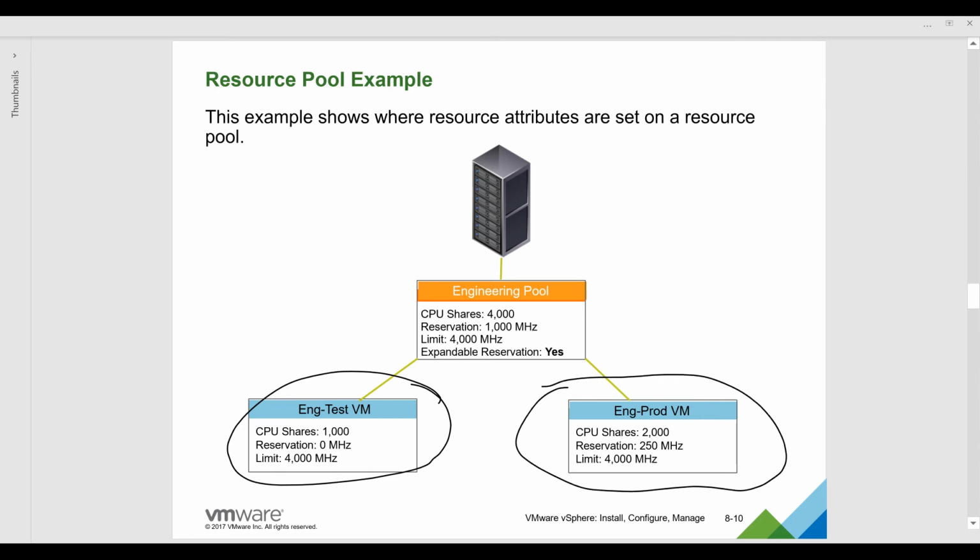Now, our CPU share is going to be 3,000, so that'll work. This one's reserved at 250, where we're good here because the pool is reserving 1,000. And we're going to limit it to 4,000. So it needs to match what the parent's going to be. And again, you also have this going up to what the host is going to be of the cluster.